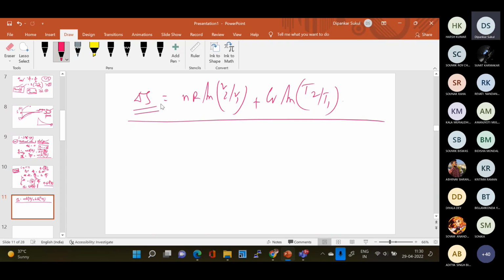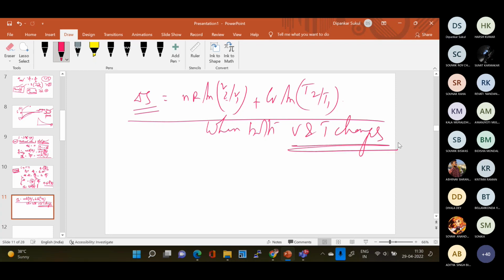When both volume and temperature change, you have to add those two terms. Here the first term corresponds to the constant temperature process. The second term corresponds to the constant volume process. But when both change, you have to add those two terms.